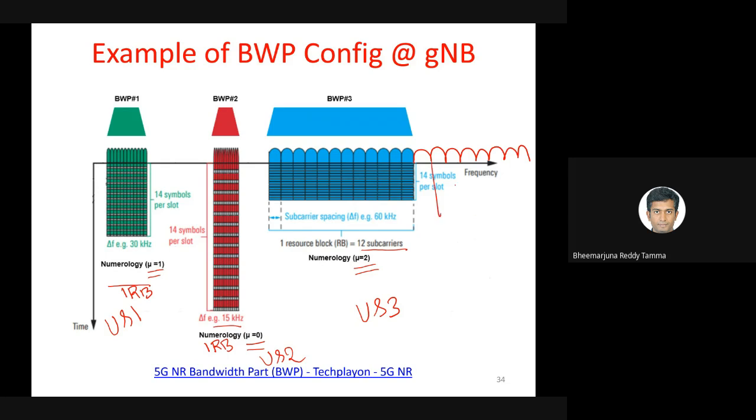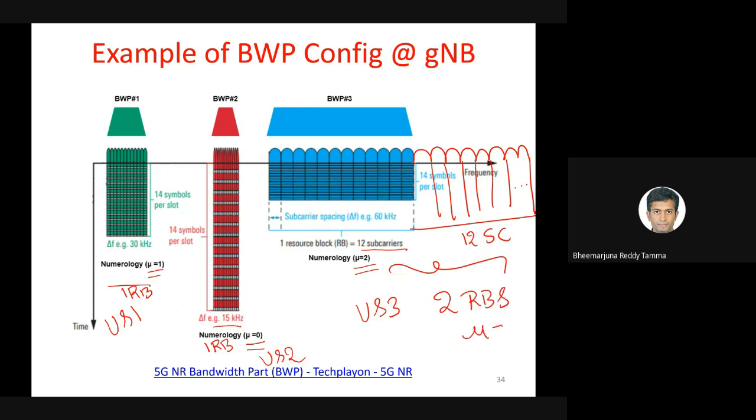So in this case, I have another 12 subcarriers. Together, I would say that I have two resource blocks using numerology 2. With numerology 1, I have only one resource block, and with numerology 0 also, I have only one resource block.